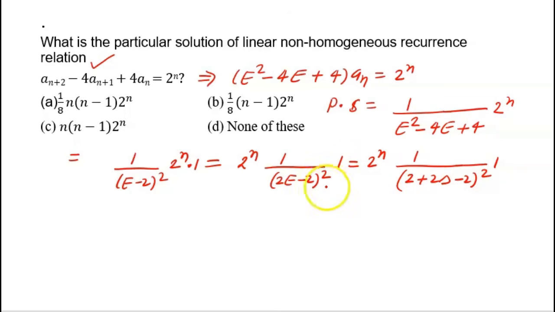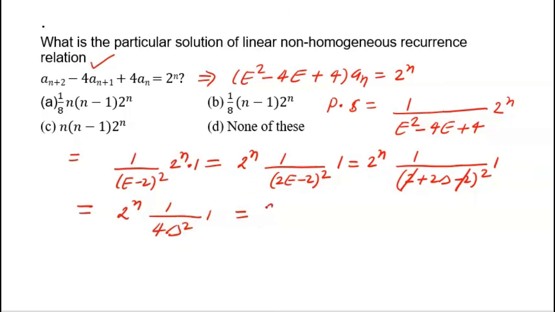I hope you know the basic idea of finding the particular solution. In case you are facing challenge in the process that I am explaining, you should certainly watch my video in the recurrence relation playlist. So this 2 and minus 2 will be cancelled. What I will get is 2 to the power n, 1 by (2 delta) whole square, so I will get 4 delta square of 1.